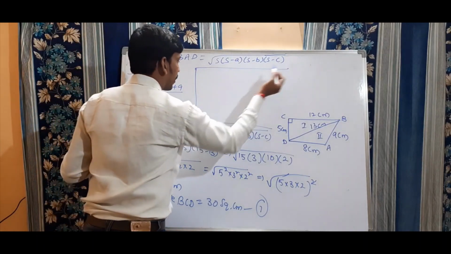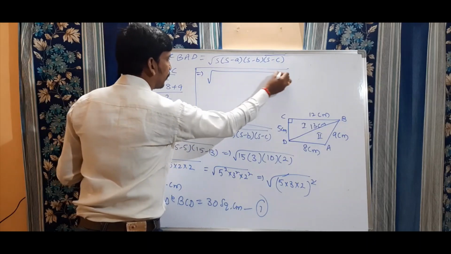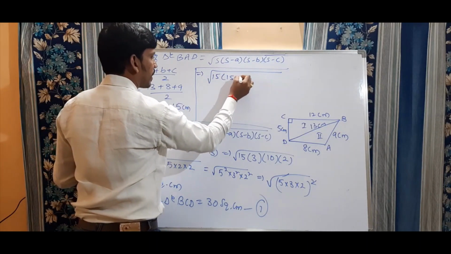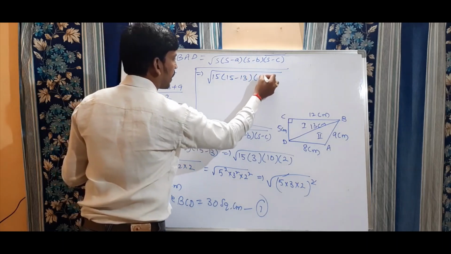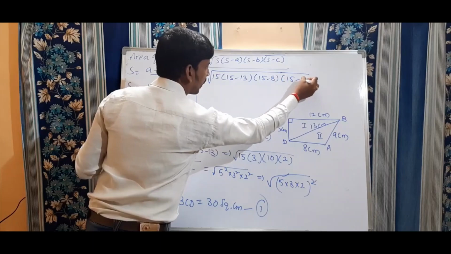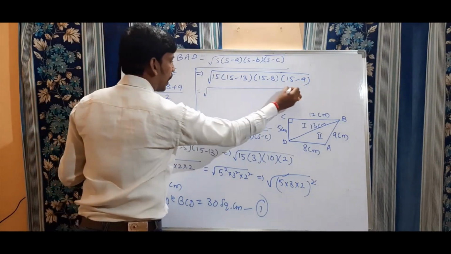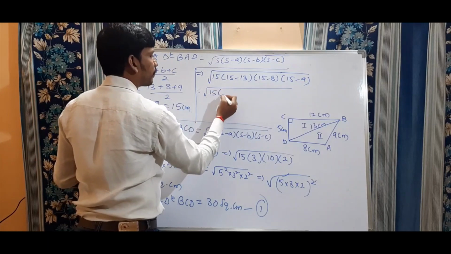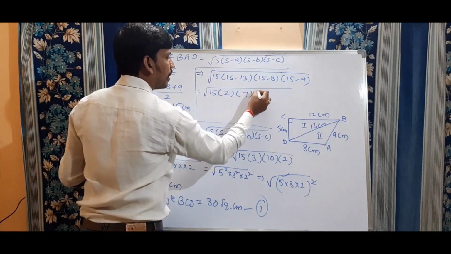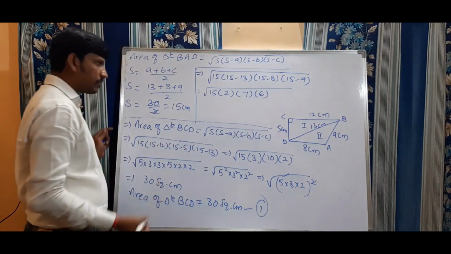Now substitute in this formula, you will get the square root of the area, which is 15 into 15 minus 13 into 15 minus 8 into 15 minus 9. Which implies under root of 15 into 15 minus 13 is 2, 15 minus 8 is 7, 15 minus 9 is how much? That is 6. Clear?